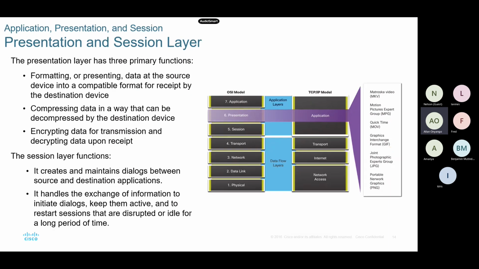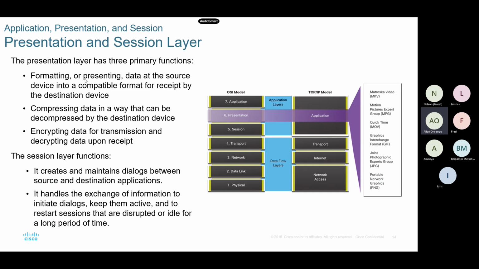The presentation layer has 3 major functions. It can help to present or format data so that it is formatted at the source in a manner that it can be compatibly received by the destination device. So formatting or presenting the data is the first function.